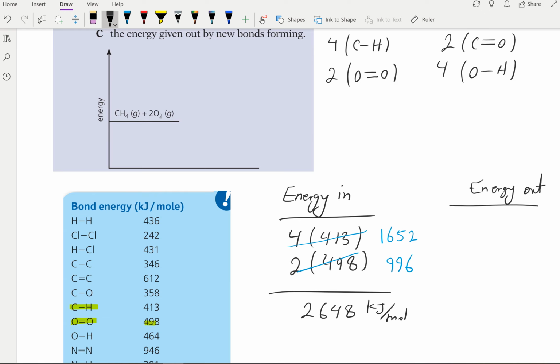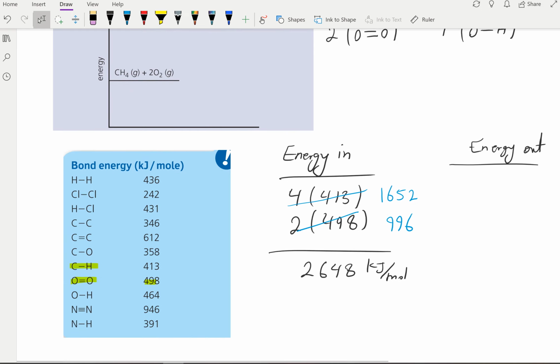And the energy out: I have two C double bond O. C double bond O I don't have in this table, so I have to find it in the textbook. It is 745 kilojoule per mole. So I have two of these bonds.